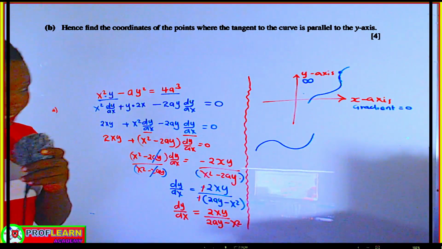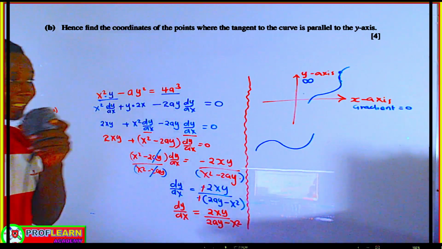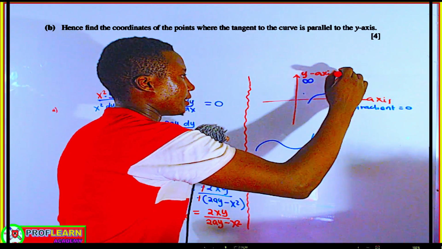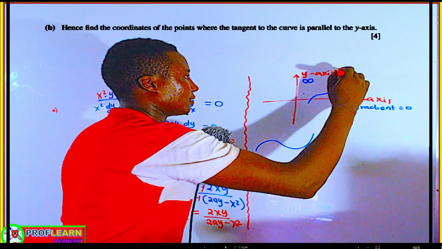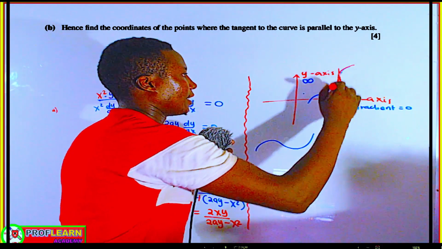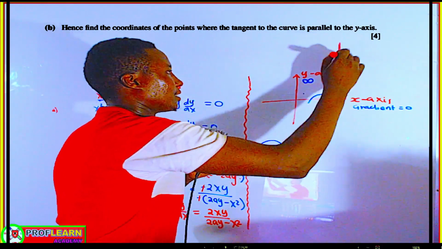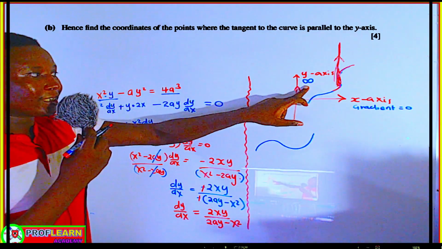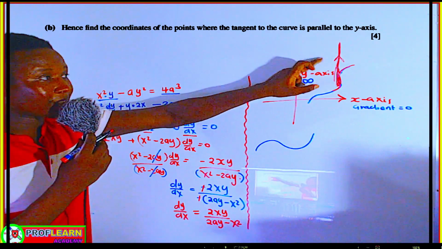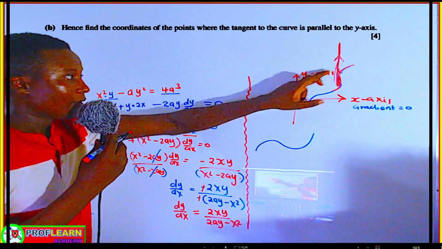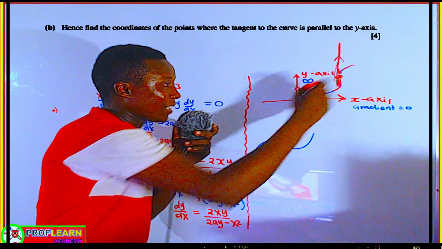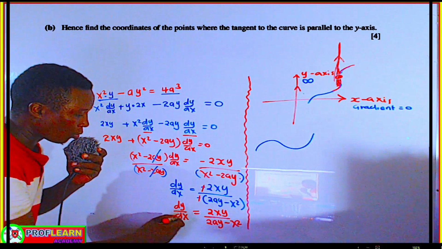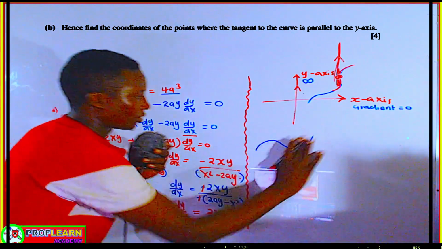The tangent to that curve is parallel to the y-axis, so the tangent is like this. If the gradient of the y-axis is infinity, the gradient of this tangent is also infinity. Since the gradient of the tangent and the curve are equal, we equate dy dx to infinity.